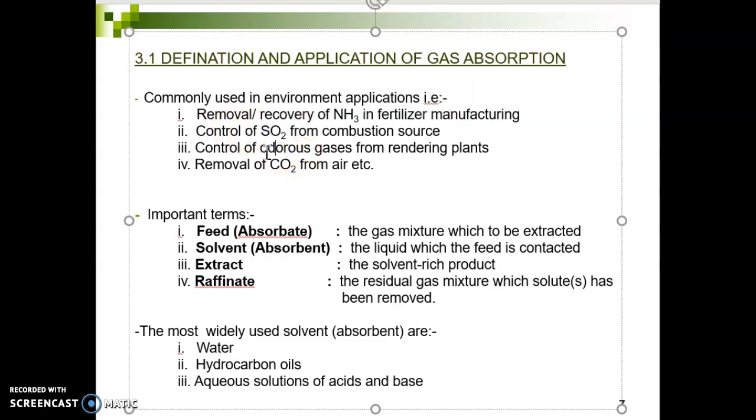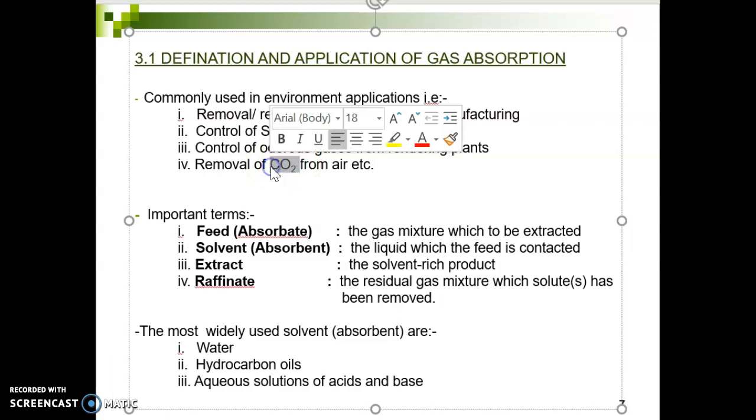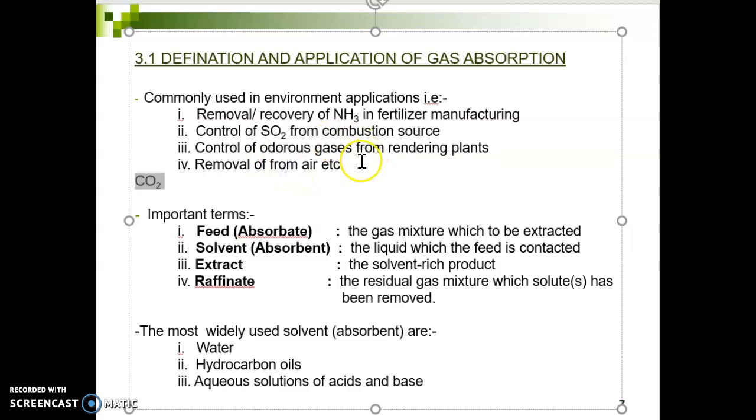And other than that, we need to control other gases from rendering plants. Some gases are not good in the plant, so we need to control them by absorbing these gases. And then, we also want to remove CO2 from air. Sometimes we want to use this CO2 for dry ice.